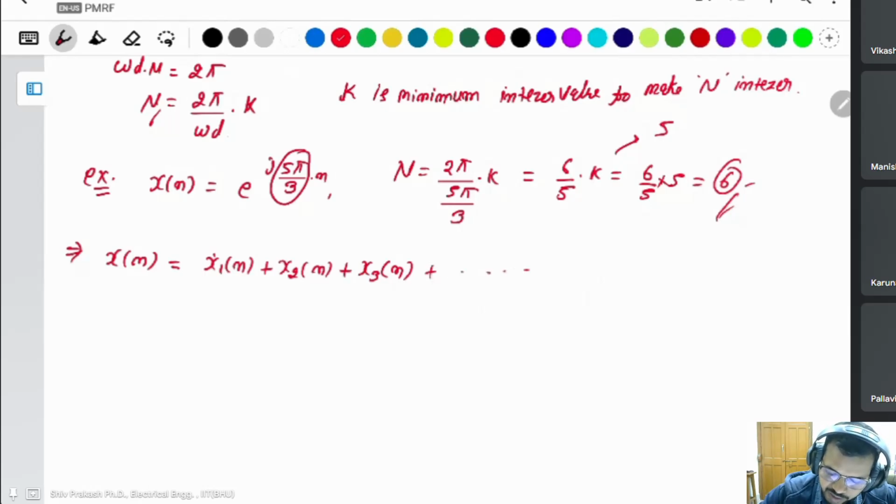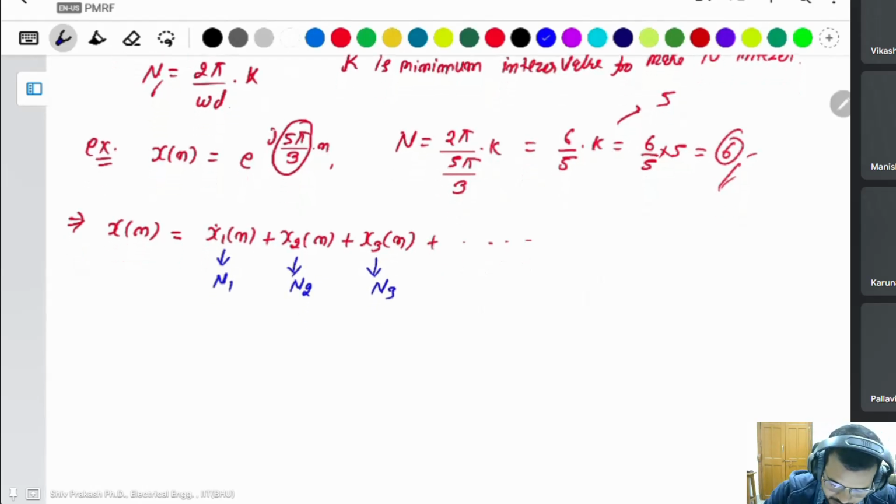Then you have to find N for all the signals: this is our N1, this is N2, these are N3. Same thing like T1, T2, T3. Then take the LCM of N1, N2 and N3.